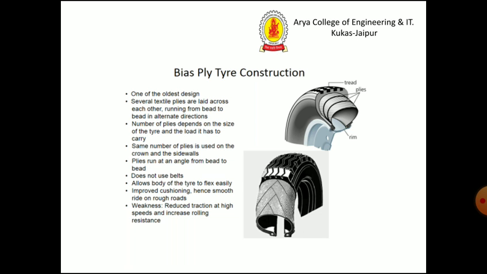The same number of plies is used on the crown and the sidewalls. Plies run at an angle from bead to bead. They do not use belts, as this allows the body of the tire to flex easily, which improves cushioning and hence gives a smooth ride on rough roads. There are weaknesses, like reduced traction at high speed and increased rolling resistance.